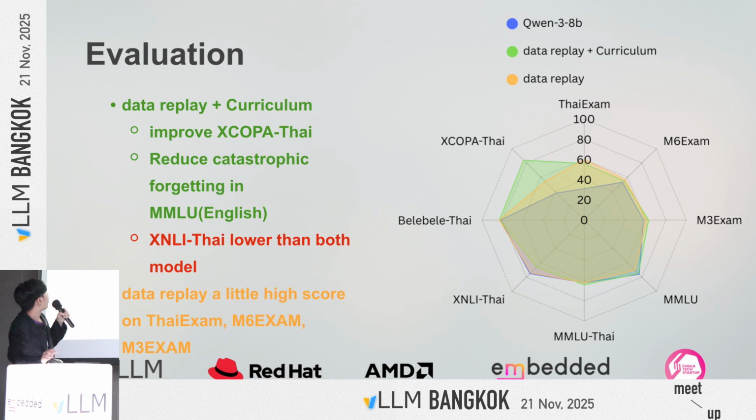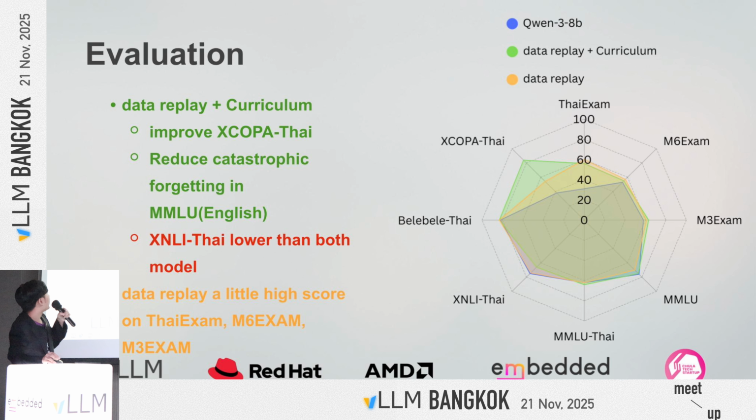The conclusion, or no, it's not the conclusion, it's the evaluation overall. The data replay improves the XCOPA Thai score, as you can see much more in the green line, and reduces catastrophic forgetting in MMLU English here.